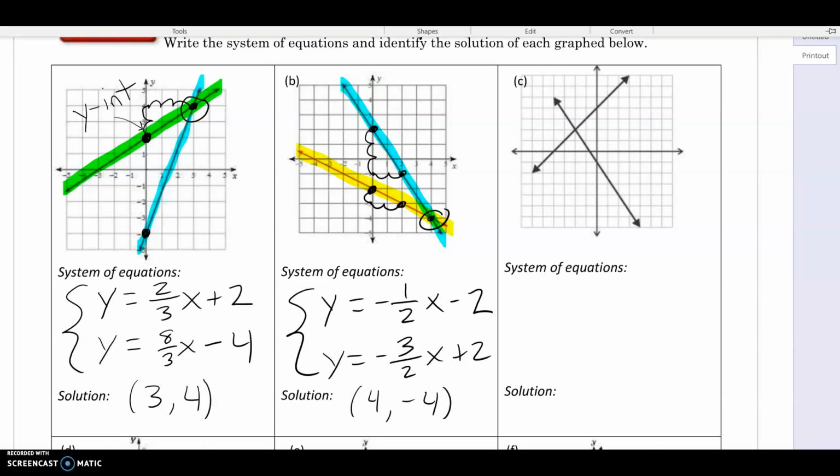Same process for the next one. We want to find the y-intercept, then find the slope.